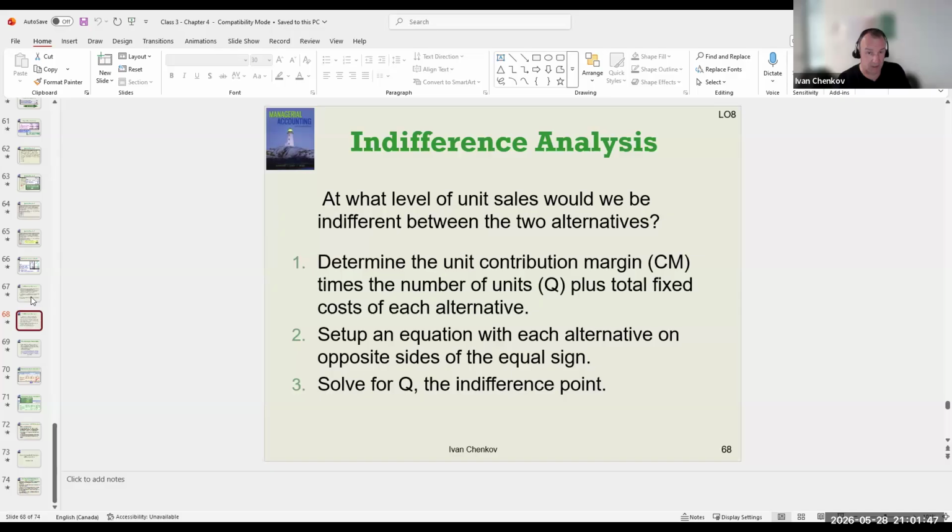Get the contribution margin per unit times the number of units plus the total fixed cost. Then set up the equation for each alternative and solve it for the number of units. And that's going to give you the indifference point.